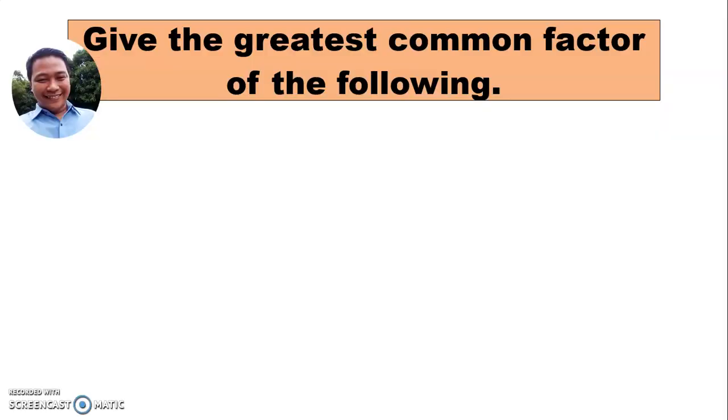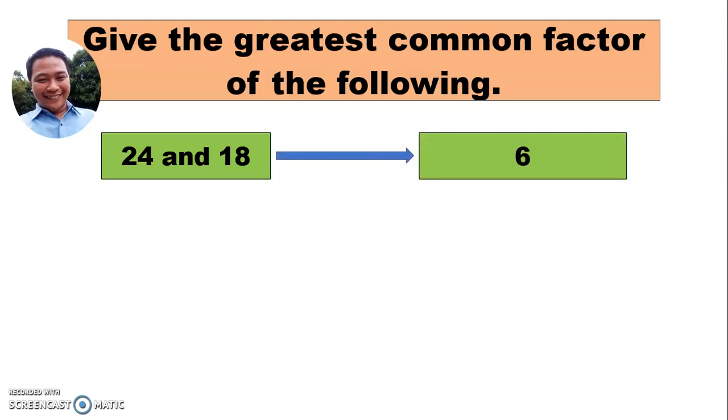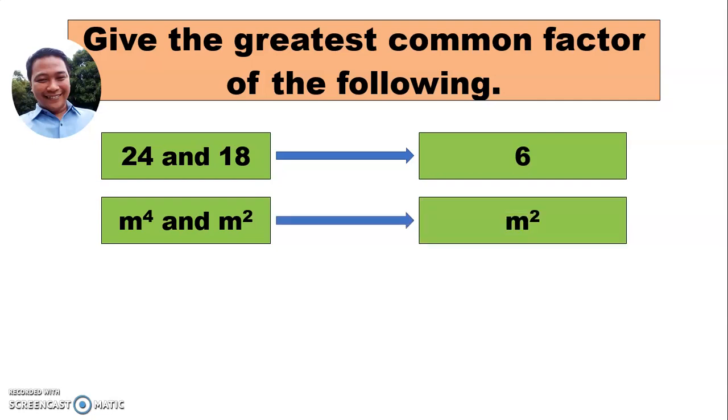Let's have other examples. Now give the greatest common factor of the following numbers or expressions. 24 and 18. It is equal to 6. How about m raised to the fourth power and m squared? You're absolutely correct. The answer is m squared.